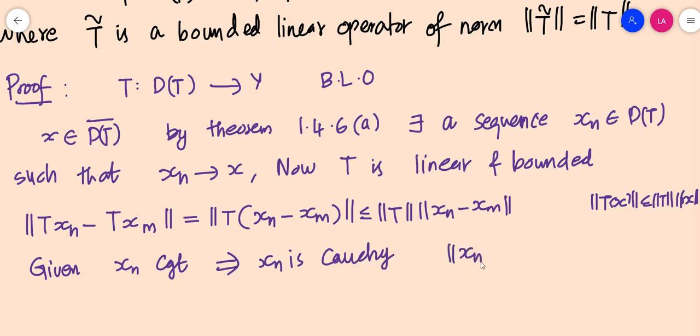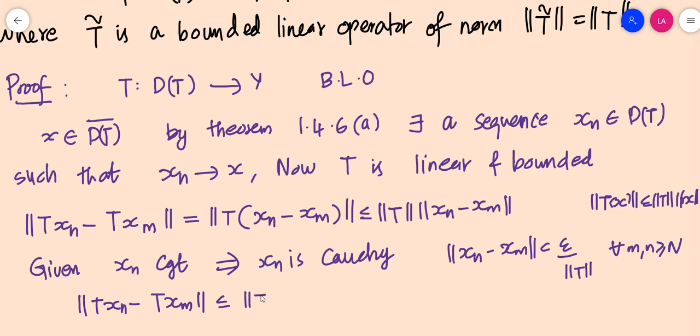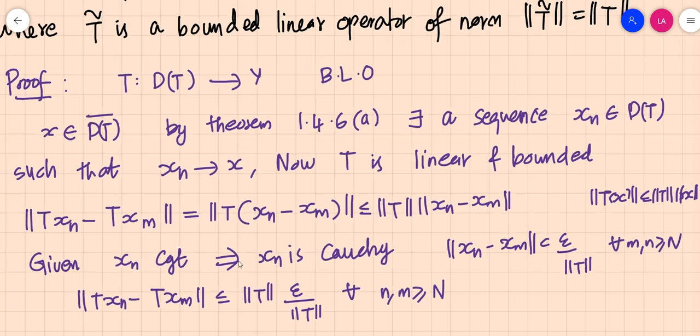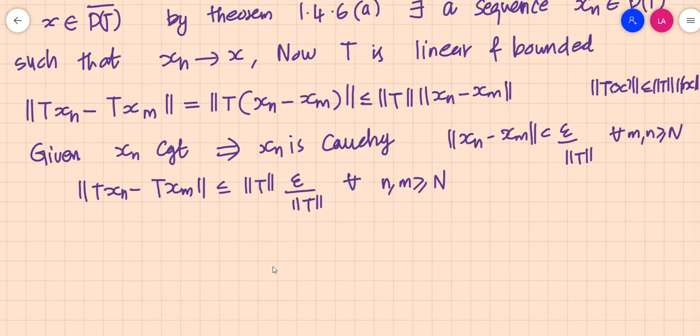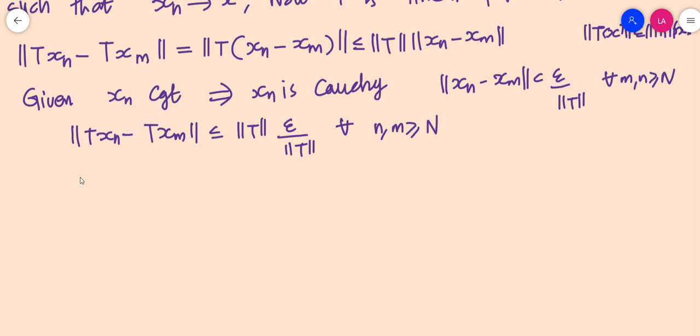So norm of xn minus xm should be less than or equal to epsilon by norm T for all m, n greater than or equal to capital N. If you substitute that onto this, we get norm of Txn minus Txm should be less than or equal to norm T into epsilon by norm T for all n, m greater than or equal to capital N. Now if we cancel norm T, we get norm of Txn minus Txm is actually less than epsilon.